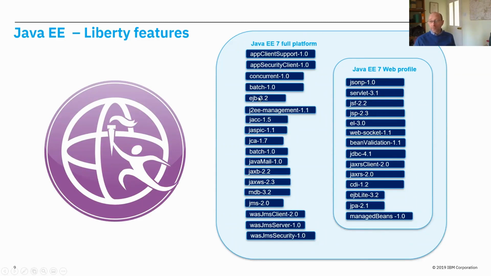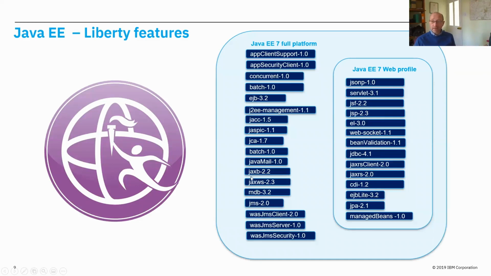And the full platform includes a variety of other things like Batch, EJB, JCA, and so on, JAXB, in addition to the web components, which are the lighter weight web-based components, such as servlets, JSPs, JSF, WebSockets, the popular web technologies, and the enablers for those.